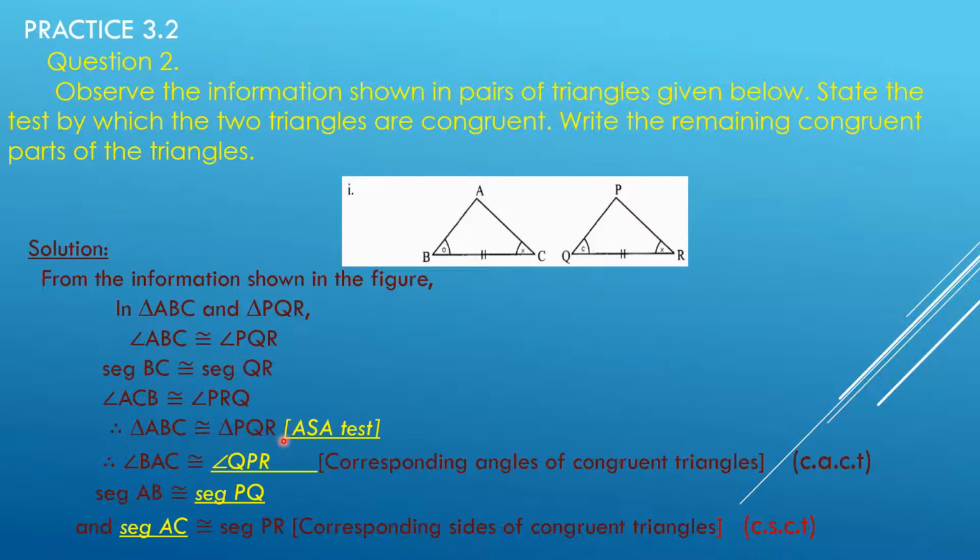Which are the remaining congruent angles and congruent sides? Angle BAC is congruent to angle QPR by CACT, that is the corresponding angles of congruent triangles, and segment AB is congruent to segment PQ and segment AC is congruent to segment PR, that is by CSCT, corresponding sides of congruent triangles.